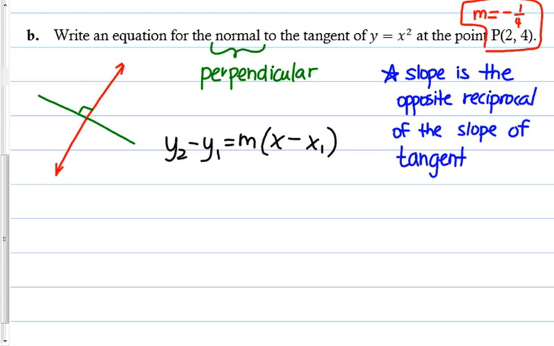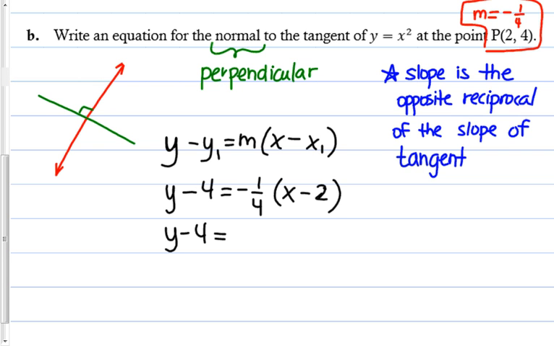So y minus y1, which is 4, equals my opposite reciprocal, which is negative 1/4, and then x minus 2. So I get y minus 4 equals negative 1/4 x plus 1/2. Because I distributed, right?